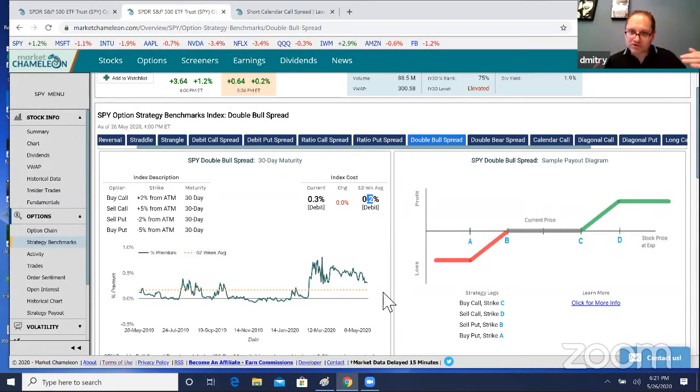Think of the skew like a wing flapping. You're going to see those implied volatilities move around, but usually they'll go back and forth because those options are still somewhat related, but we do see a skew. So you're not going to see implied volatility just go straight down.